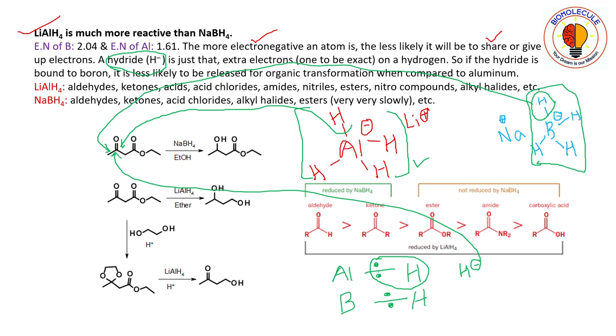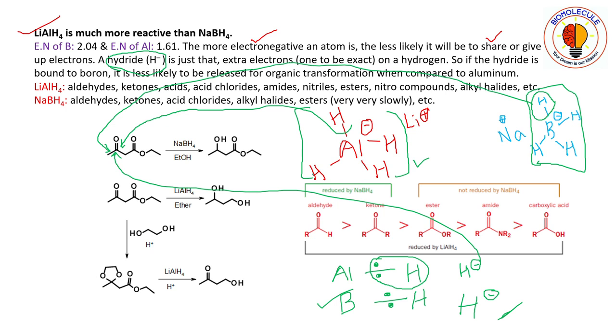But in case of boron, this tendency is less, as boron is more electronegative than aluminium. So in case of boron, the release of hydride is less. So the reducing property of borohydride is less compared to that of aluminium hydride.